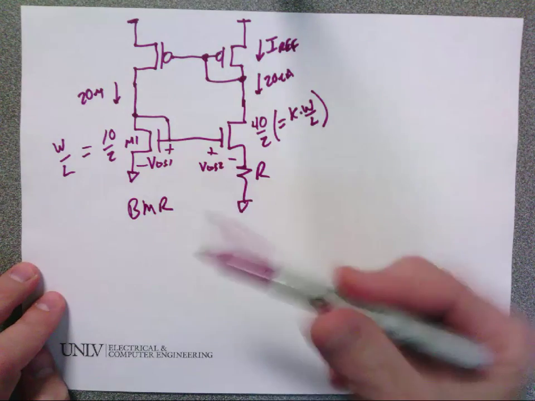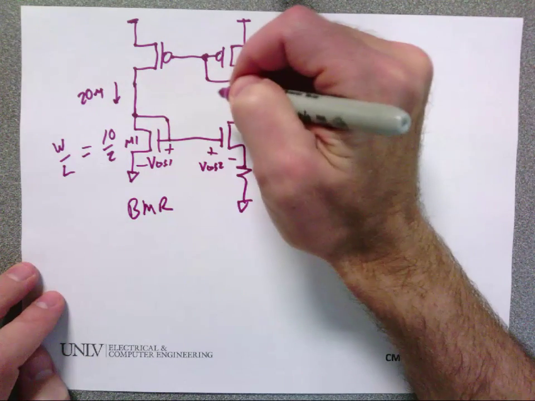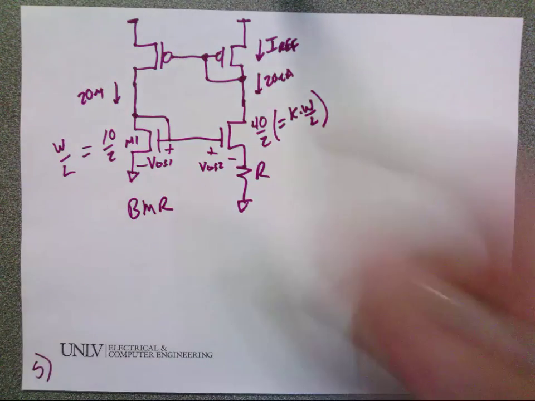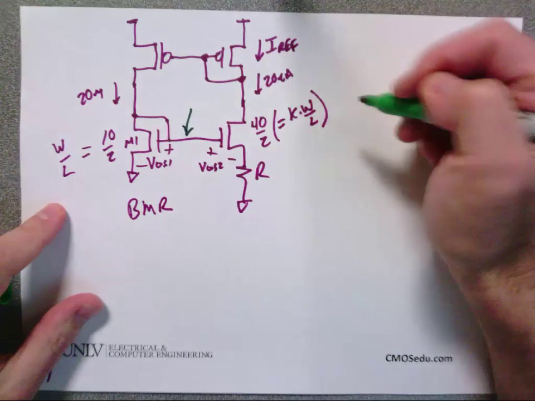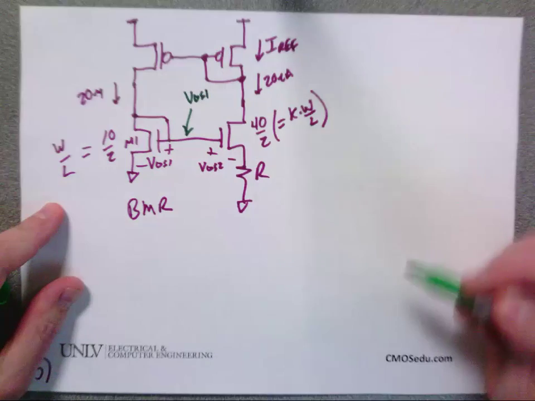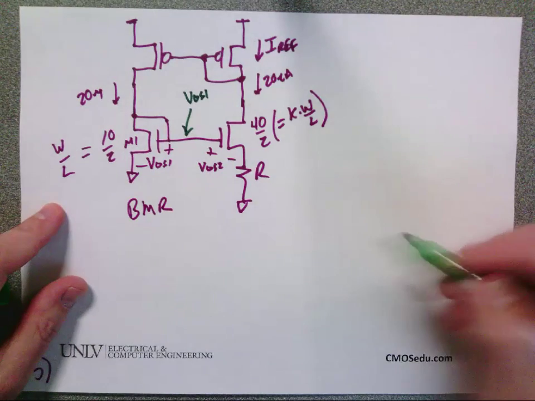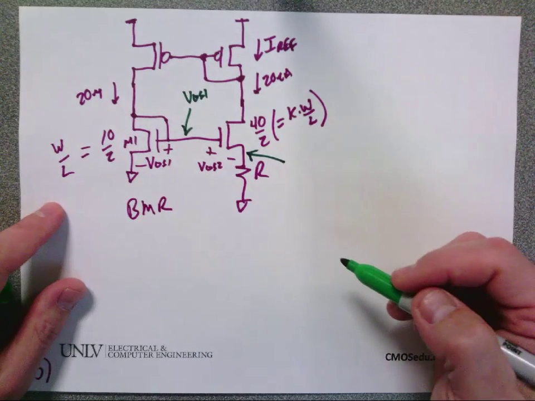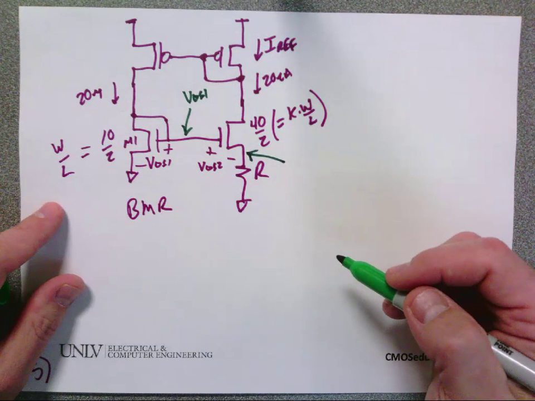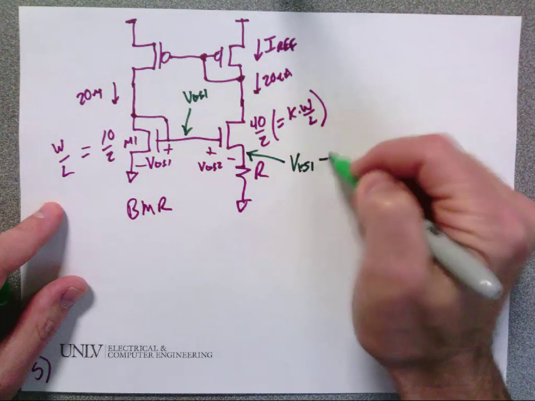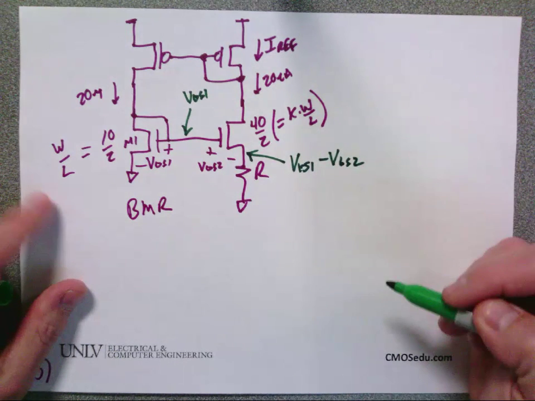So now I'm going to ask trivial questions here. What is this voltage here? Does everybody agree with that? But what is this voltage here in terms of VGS1 and VGS2? Yep. Does everybody agree with that?